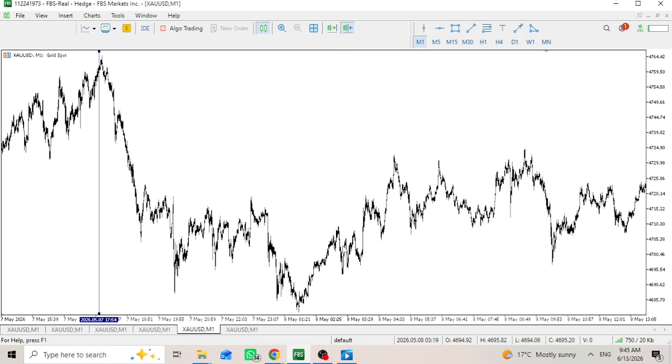So after that 4-hour candle opens, I'm only hunting 100 candles of 1 minute time frame. That's how you trade. A 4-hour candle has 240 candles of 1 minute time frame, so don't try to get the whole 240 candles.